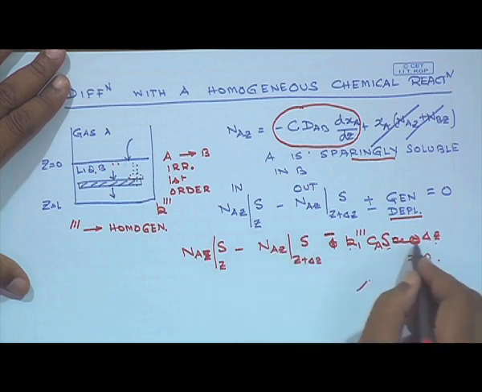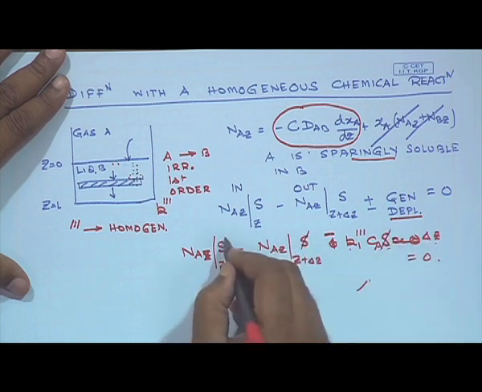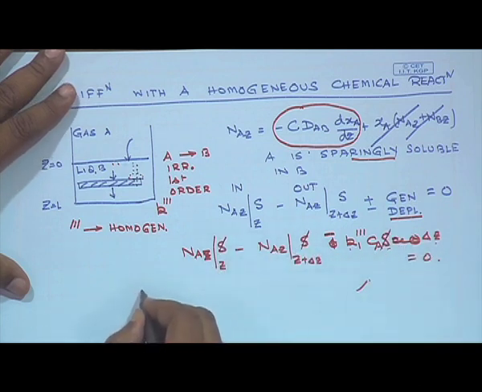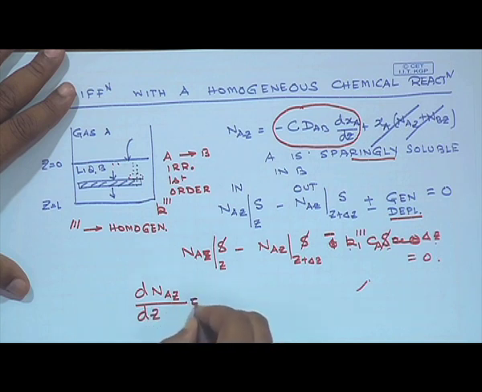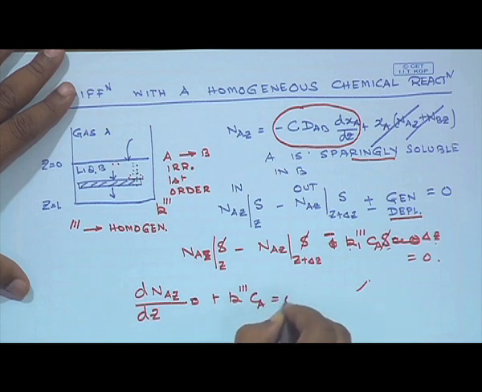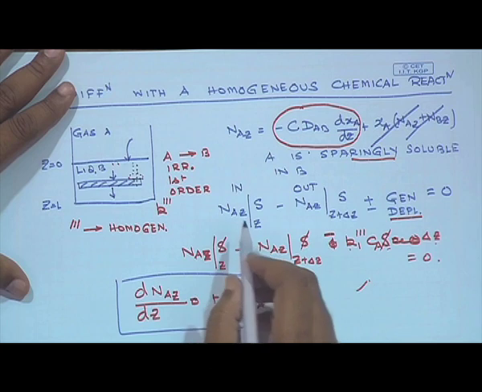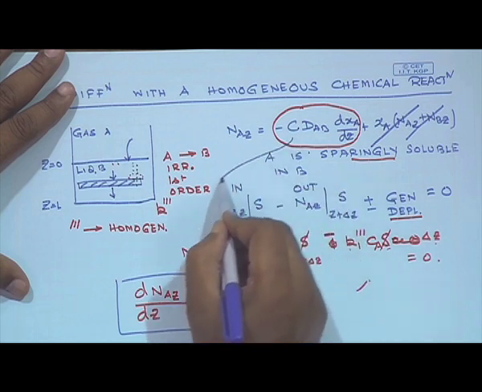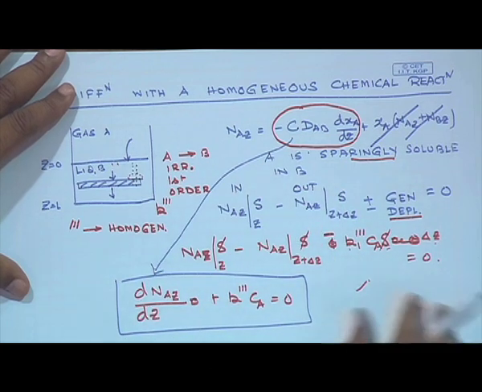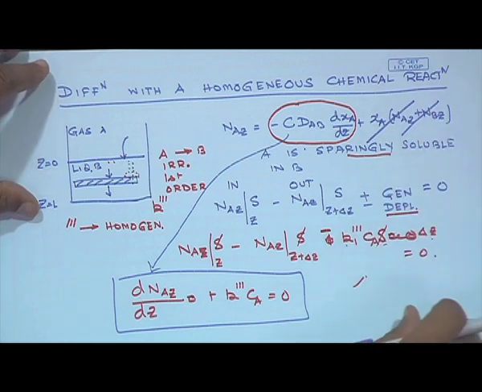You divide both sides by S delta Z, and the governing equation is d/dz of N_Az plus k1 triple prime C_A equal to 0. For N_Az you are only going to plug in this expression without the second term, which is not relevant for such cases.